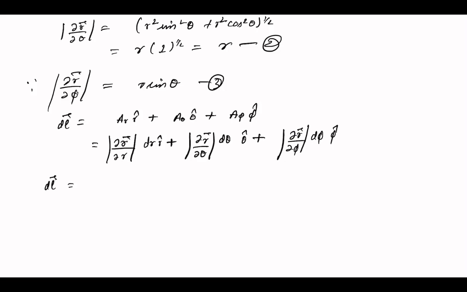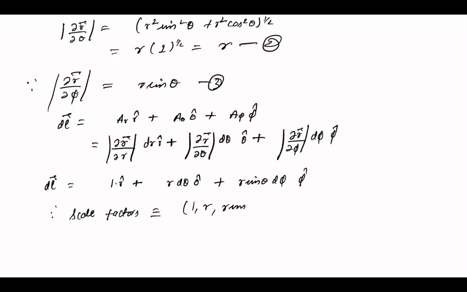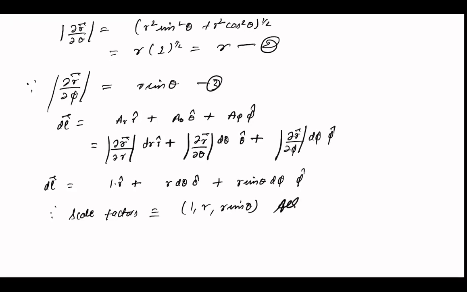It comes out to be 1 times dr r cap plus r dtheta theta cap plus r sin theta dphi phi cap. So the scale factors are these coefficients, which are 1, r, r sin theta. This will be the answer.